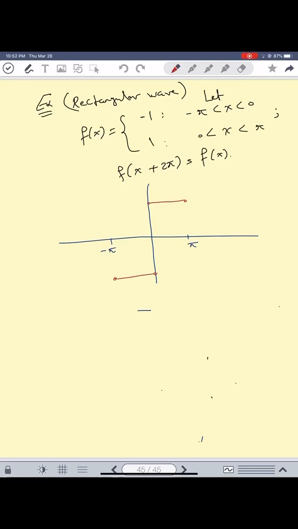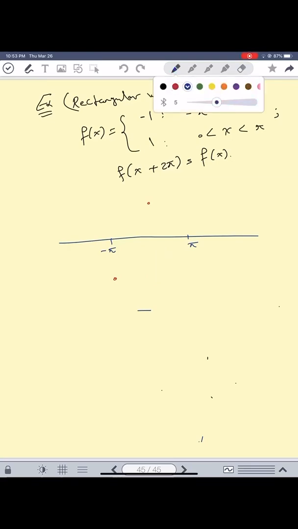Like in this example, do we care if these open circles are not open? Like this point, is it included or not? This point, is it included or not? And why do we not care? We have two reasons. The first reason is that in computations of the Fourier series, we have integrals, right?